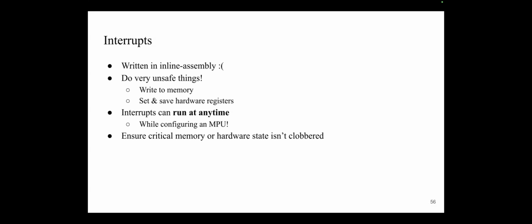That's running a bunch of assembly that's doing things like writing to memory and setting and saving hardware registers. And then we're going to come back to our MPU configuring code and continue running it, right? That's kind of a scary proposition, in my opinion. And so what we really want to ensure is that critical memory or hardware state isn't getting clobbered in a way that can mess with things like configuring an MPU.